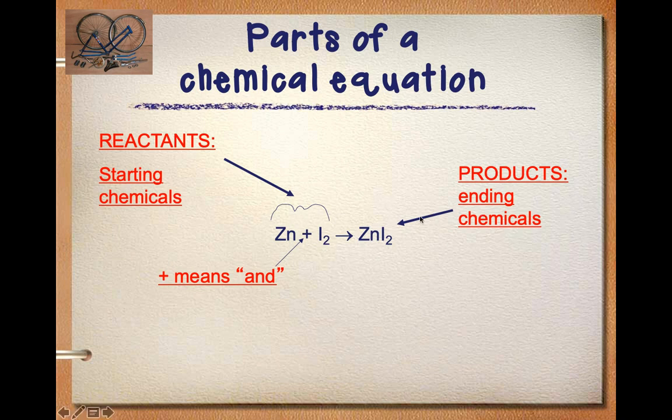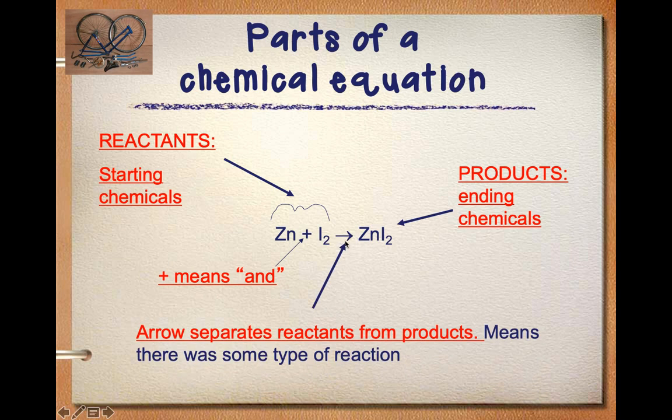So what did you start with? What did you end with? Things that are not bonded are separated by plus signs, and then you will always have some type of arrow. The arrow separates the reactants from the products. An arrow means something happened. There was some type of chemical reaction. We don't know if it was really simple like this one, or the atoms separated, or the atoms rearranged.